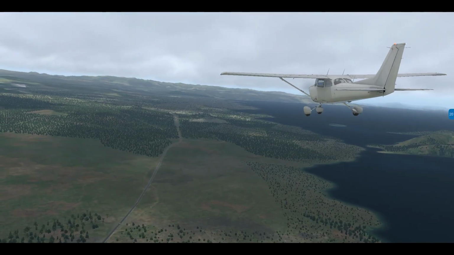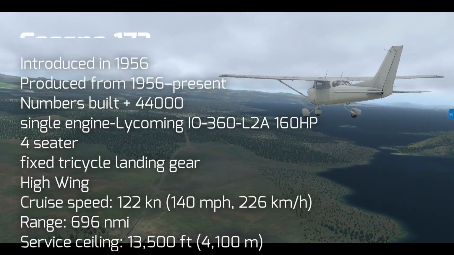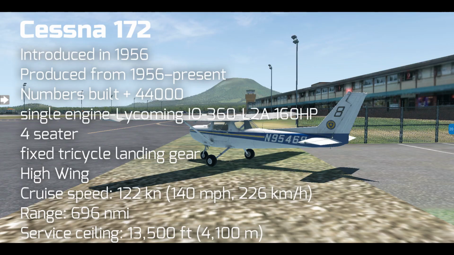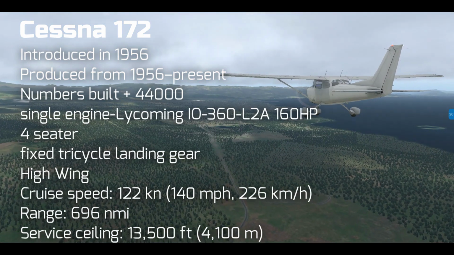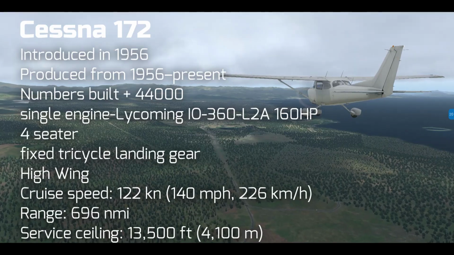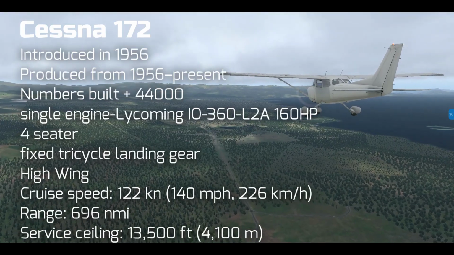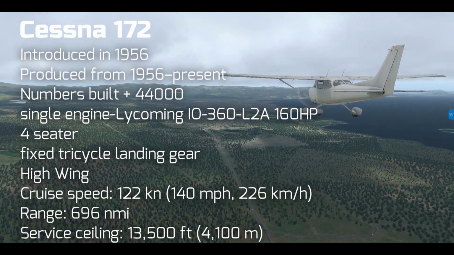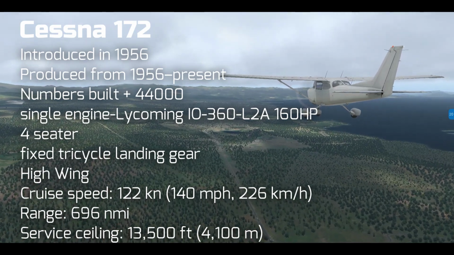Right now we are on the beautiful Cessna 172, the big brother of the weaker Cessna 152 that we used on the previous video. The Cessna 172 was made in 1956. It is the most successful aircraft in history. More than 44,000 Cessna 172s have been built and they fly all over the world.